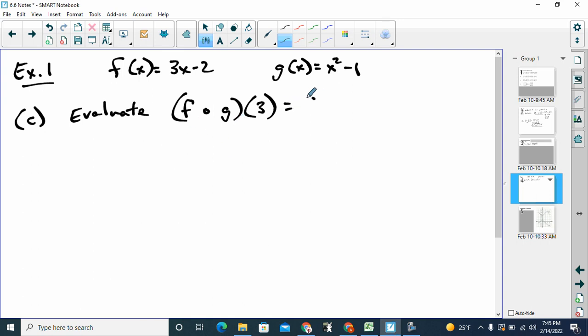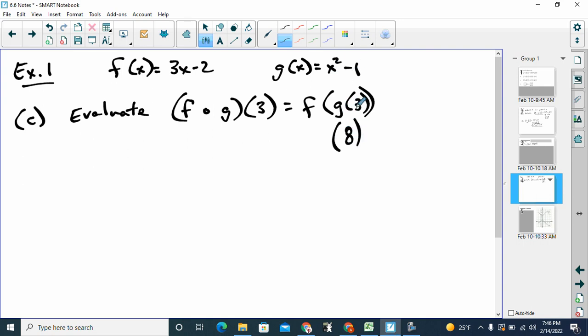Again, I would always rewrite it. It is easier for me to understand if it's written like this: f of g of 3. Those two things mean exactly the same thing. We're going to start all the way inside the parentheses. We're just going to look at this g of 3 right here. g of 3 we should be able to evaluate. We just go to g of x and we plug 3 in for the x. 3 squared is 9, minus 1 gives me 8.